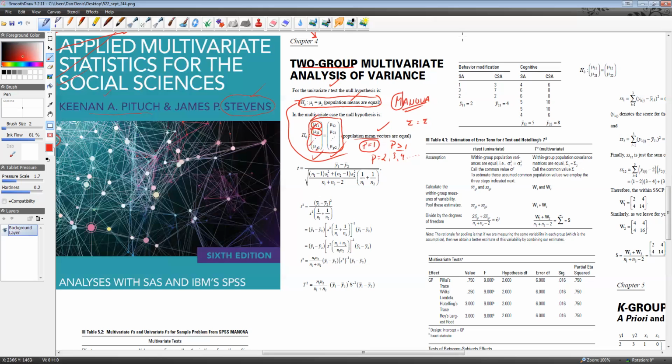If I were to draw the function statement up here, again, the function statements help clarify a great deal. What do we have? We have y1, y2, two dependent variables in this particular case.